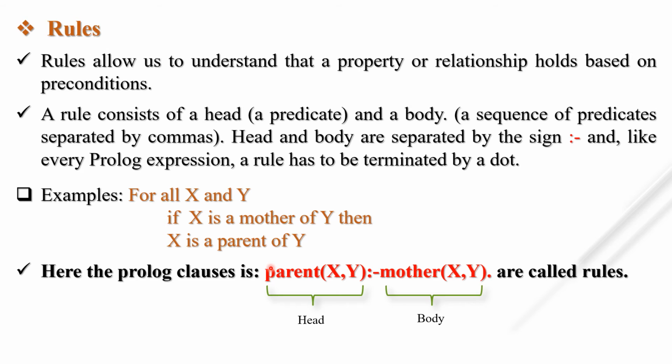In rules, there is a precondition to fulfill this head. Prolog says yes for X is a parent of Y only when X is a mother of Y. So these are known as rules, which consist of a head and a body, separated by colon and hyphen.